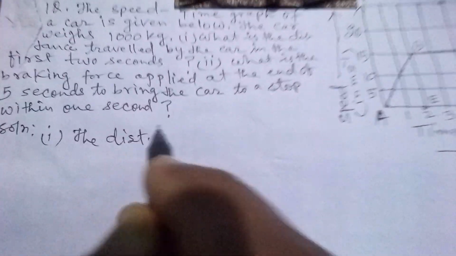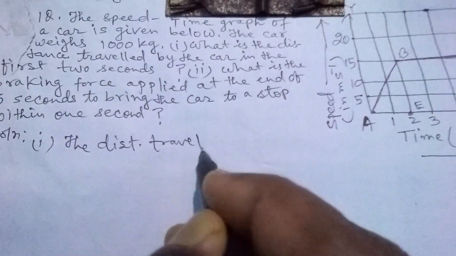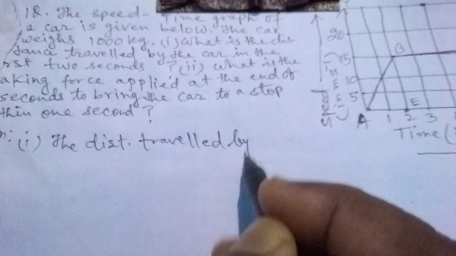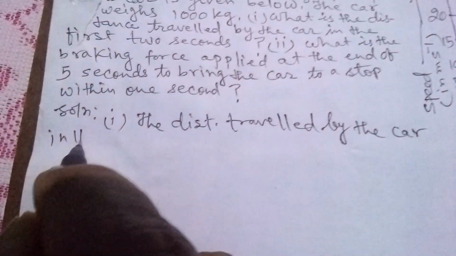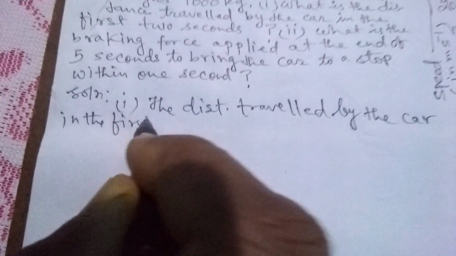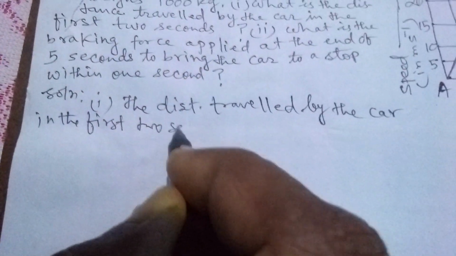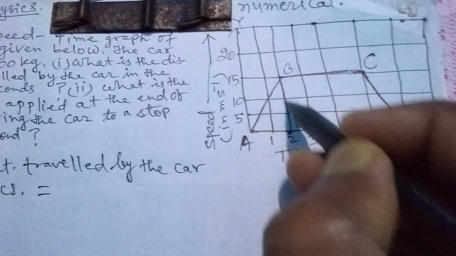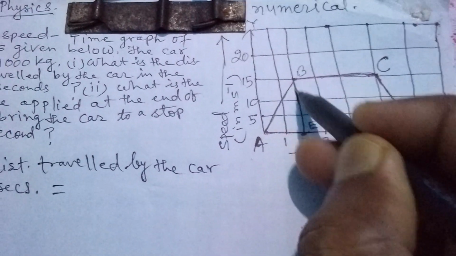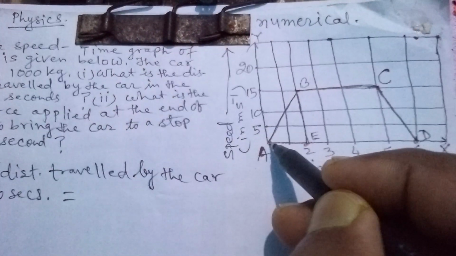The distance traveled by the car in the first 2 seconds. That means this is the area covered by the object.